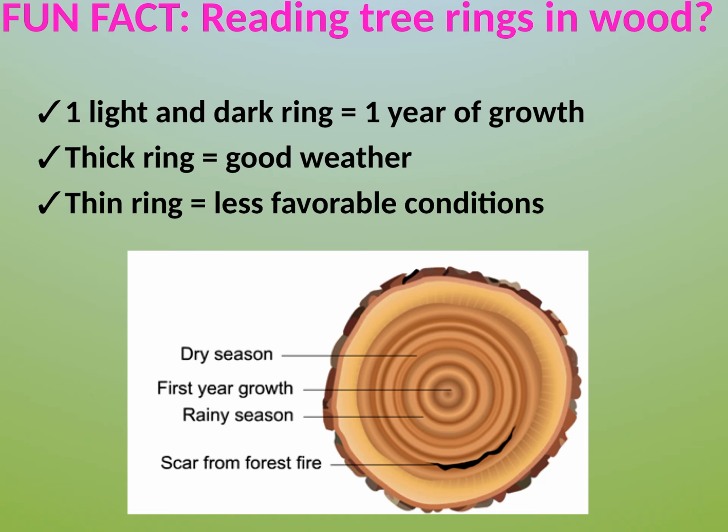And you can also see a scar from a forest fire in there. All this stuff stays with the tree, and you can tell by looking at its rings. It can tell us a lot about what happened in the past, especially some of those really old, ancient trees that are just huge. There's not a whole lot of them left, unfortunately, because people chop them down. But we can look at that and see what the environment was like way back in the past.